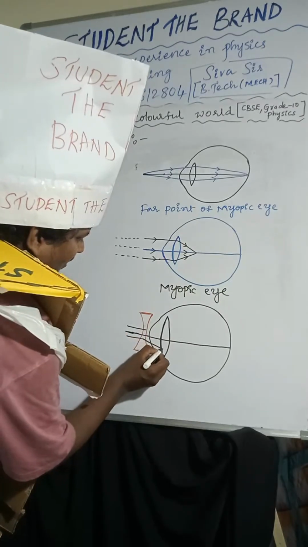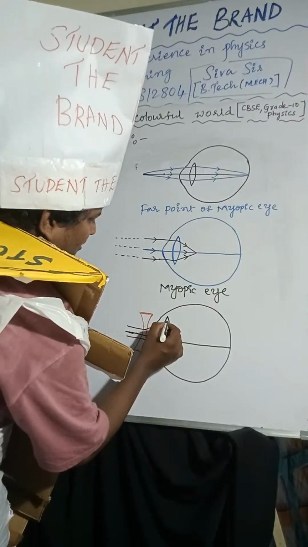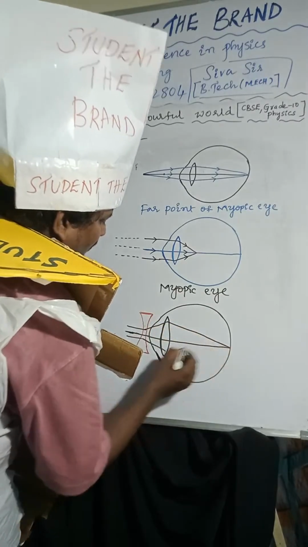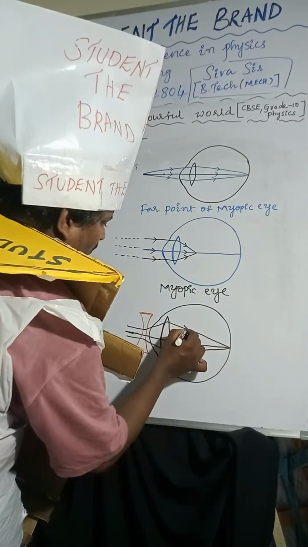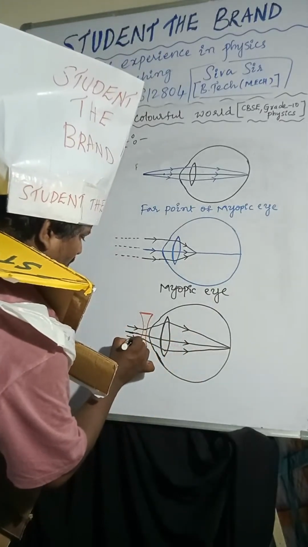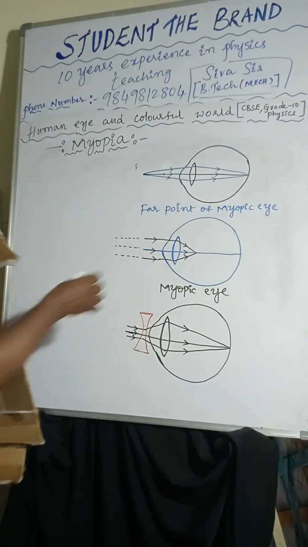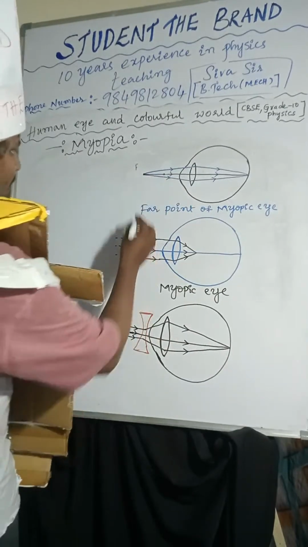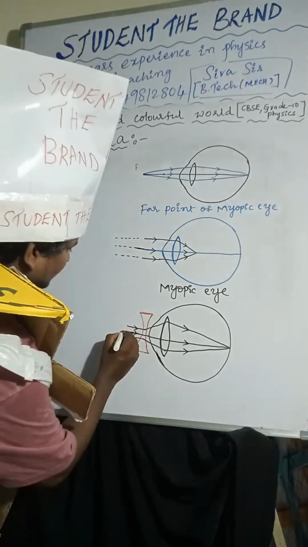So it will be diverged. Then again it will be converged. Here, where this image will form, I am taking until here, this will be focus.